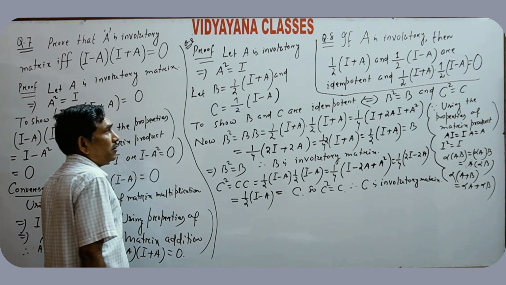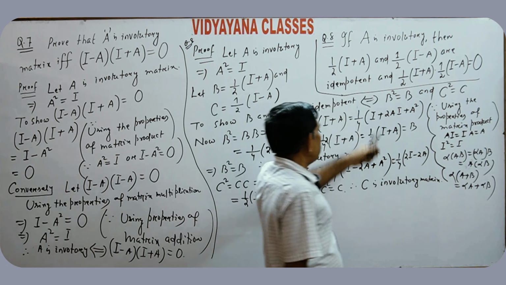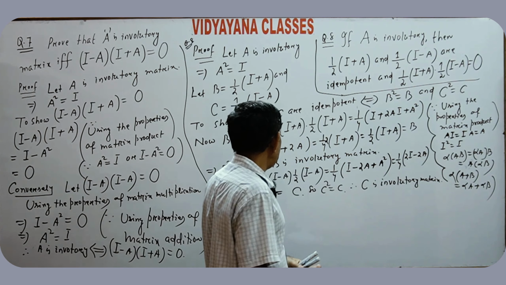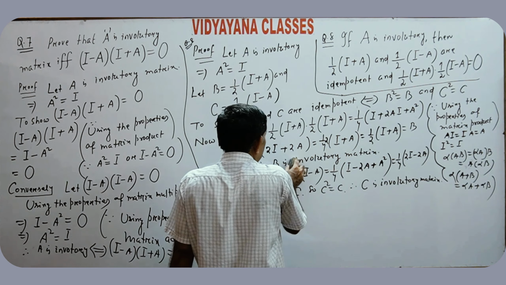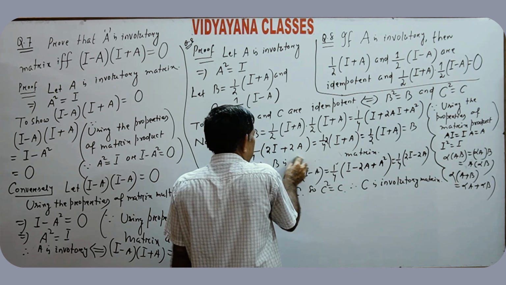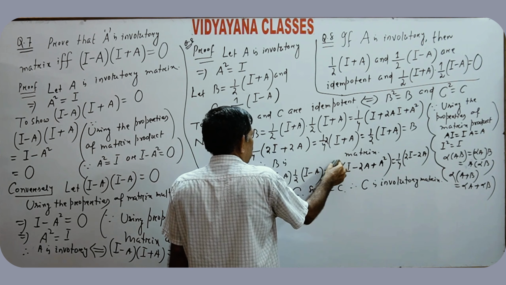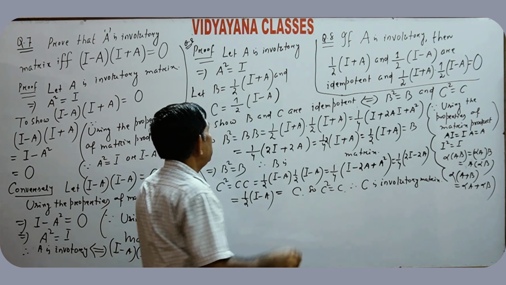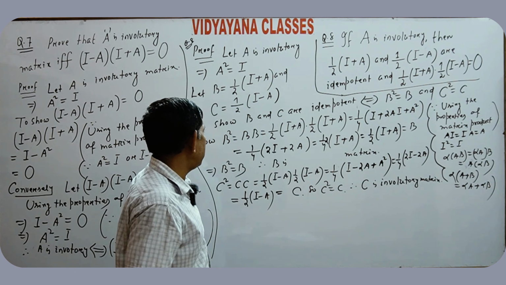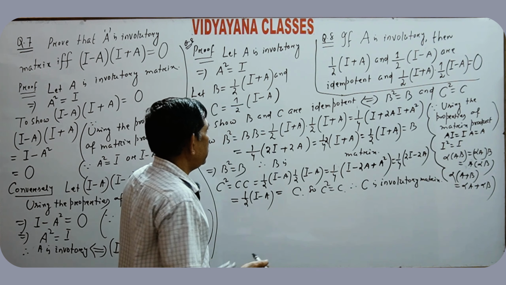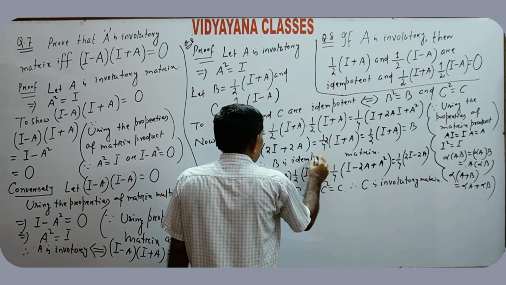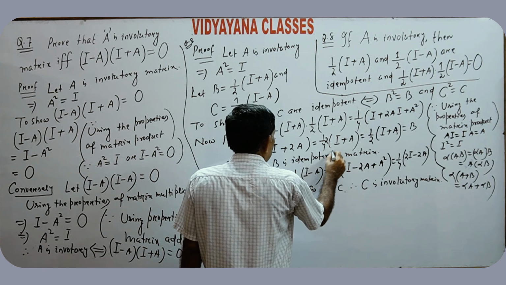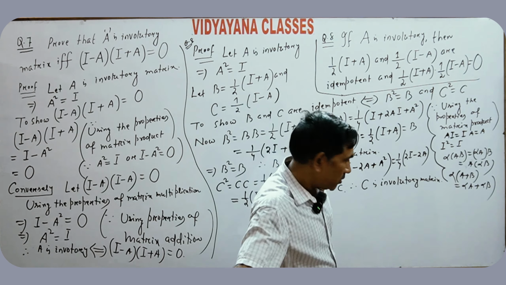Next, we have to show C is idempotent. Sorry, it is given A is involutory, so A square is equal to I. Since B square is equal to B, B is an idempotent matrix.